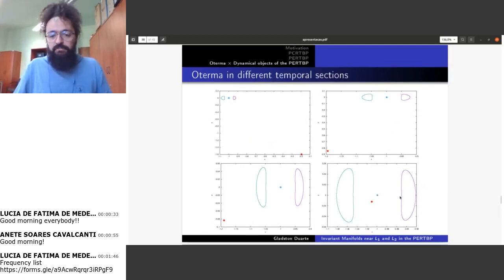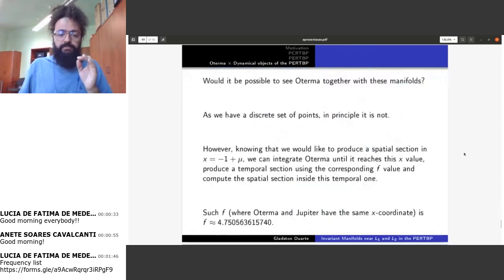This is Jupiter, so kind of halfway between them, right? So we used this x to see these last computations. So let's integrate Oterma until it has the same x as Jupiter. And this is a simple computation.